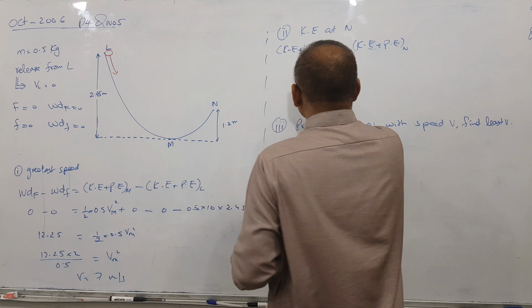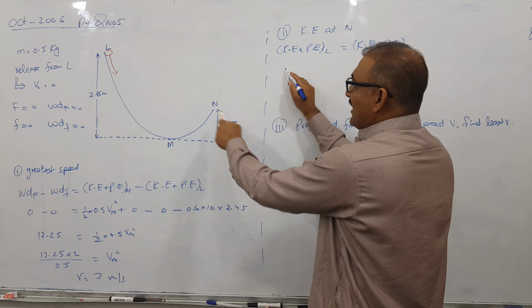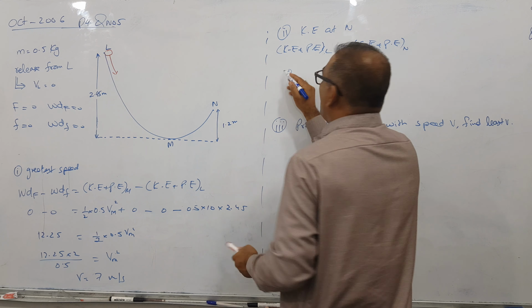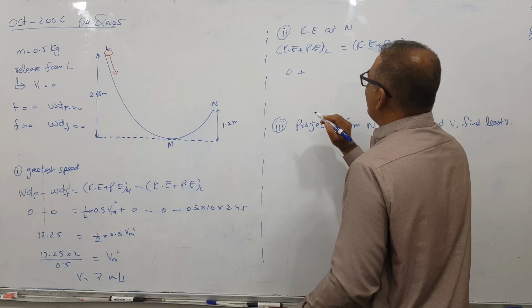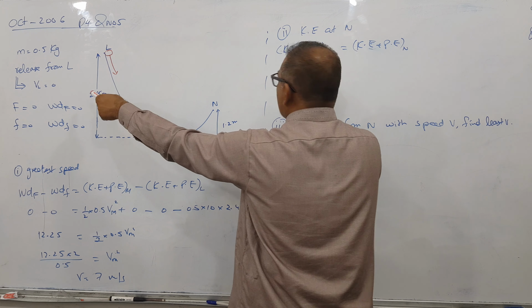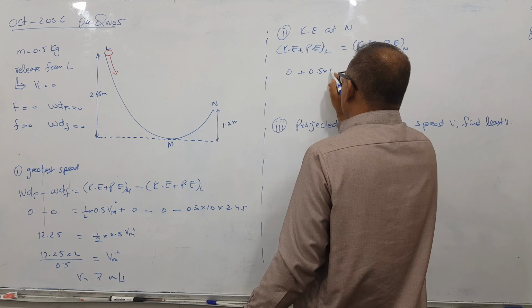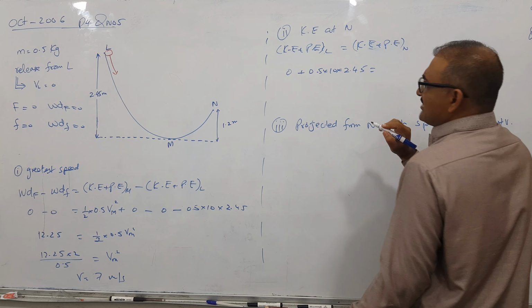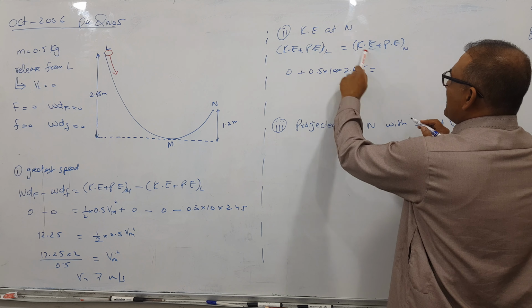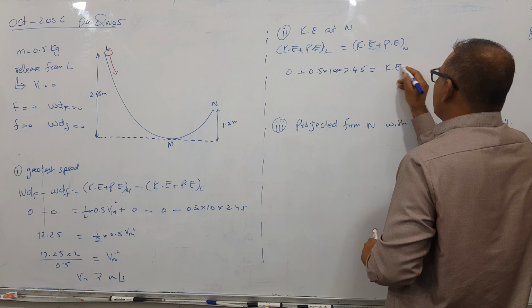Come back. So what is the formula here? My target is here. This is 0. Why 0, sir? Because release speed is 0 here. What is the potential energy? We have L, mass m, g, h is 2.45. Done. What is this here? This is my target, so leave it. KE at N is my target.